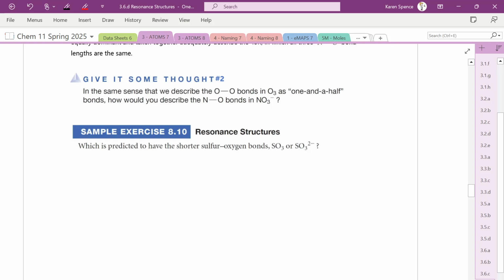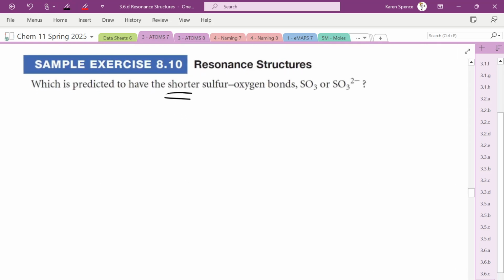Which would have shorter sulfur oxygen bonds, SO3 or SO3 2-? That's a really good question. I like that question. What would you have to do to solve this problem? What would step 1 be?